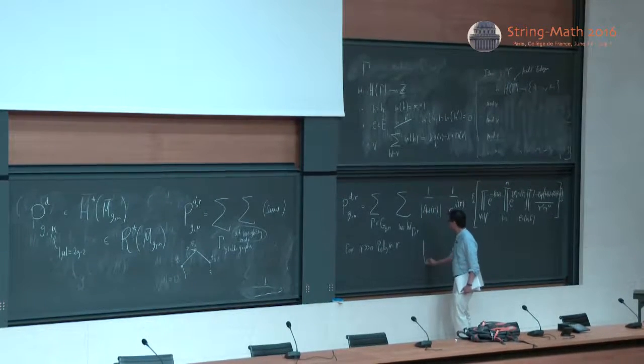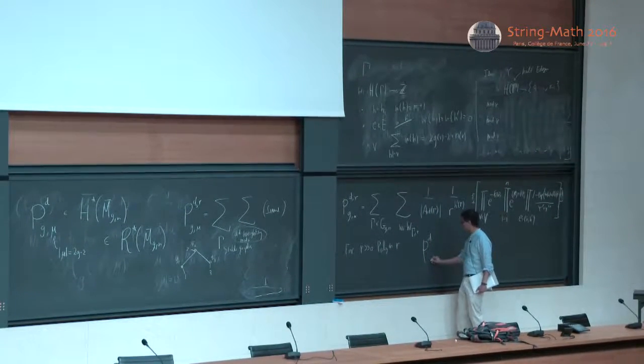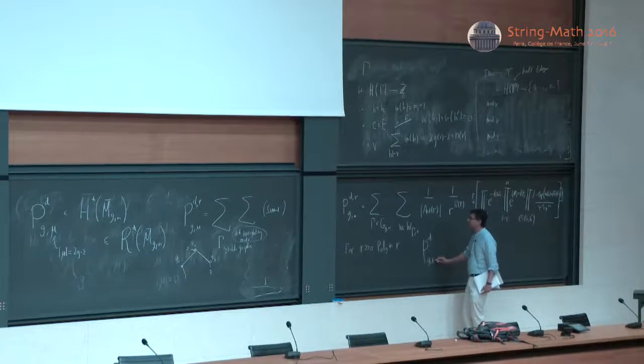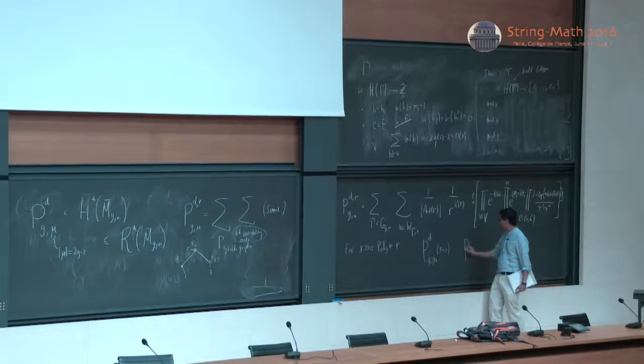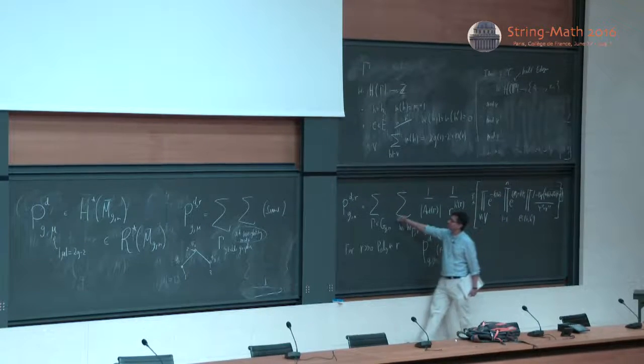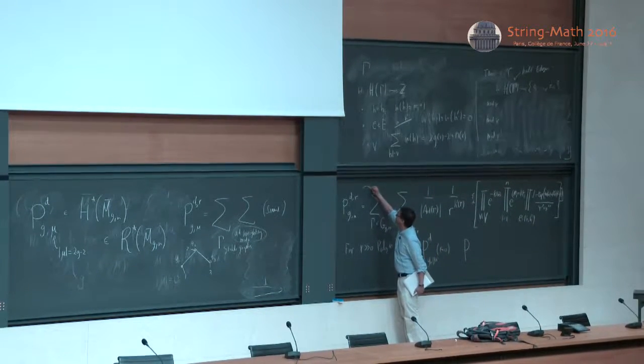If you want this without the r, the regularization, you calculate that polynomial and set r equal to 0. This gives you a class without the r. This d means we take the degree d part, the codimension d part of this.